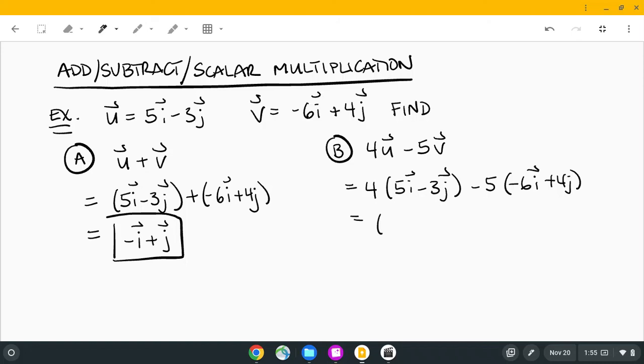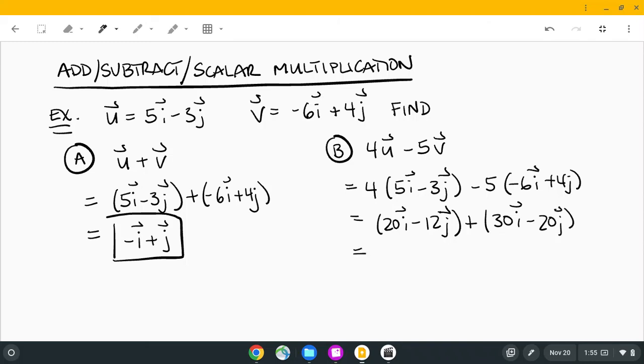So here we would get 20i minus 12j. And then here, you could either distribute the 5 and keep it subtraction, or you could distribute the negative 5, and this will become addition. So I'm going to do negative 5 times everything inside. And then here I get 30i and negative 20j.